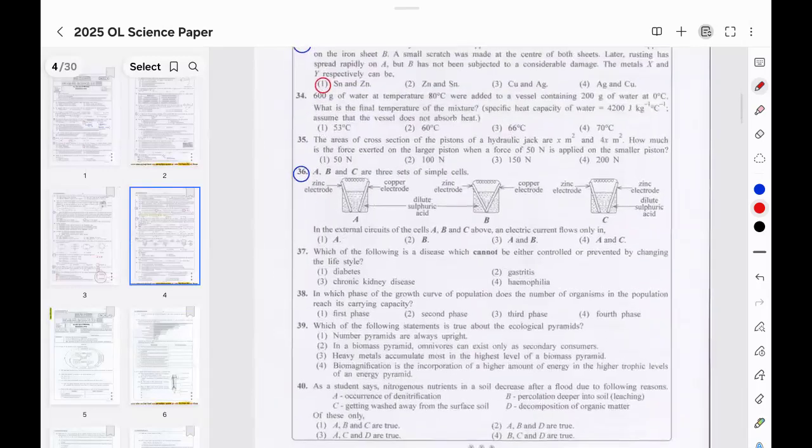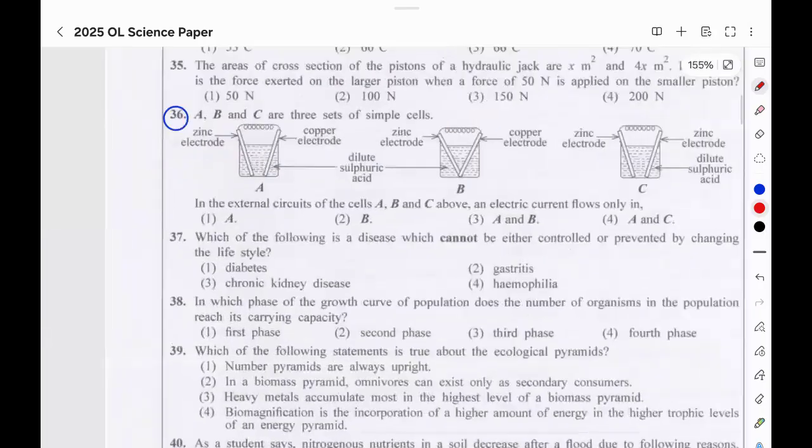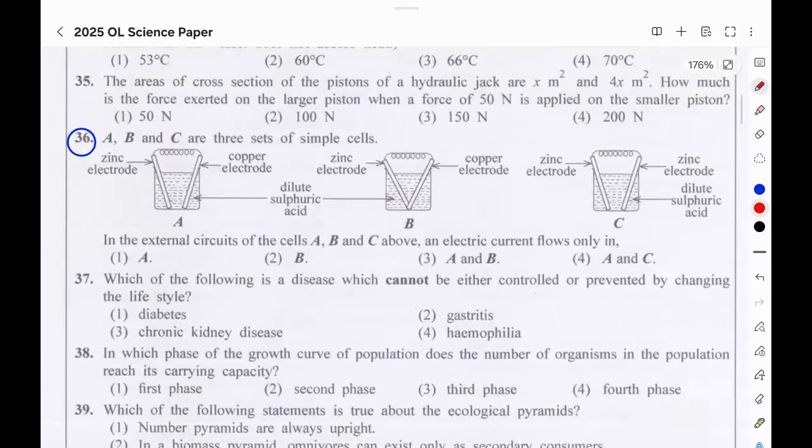Look at the cell. Which one is correct here? Zinc, copper, dilute sulfuric acid. The first one is correct. Capital A is correct. Is capital B correct? What do you think? Is there any defect in capital B?